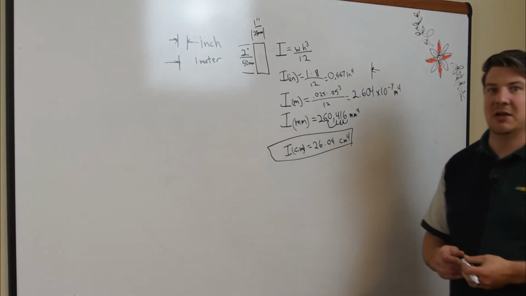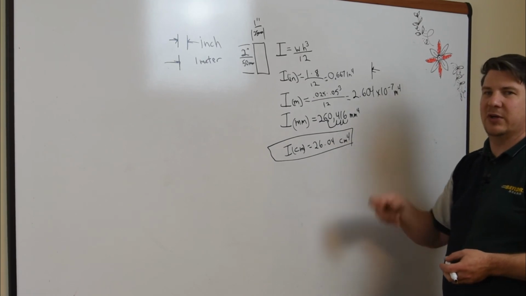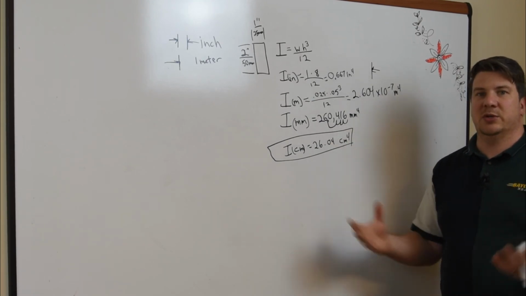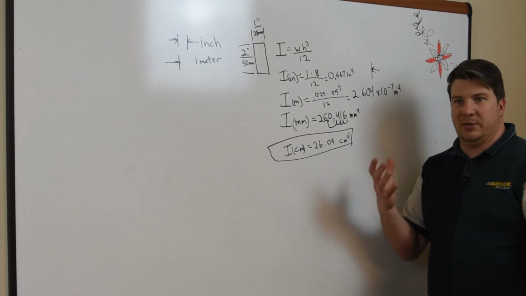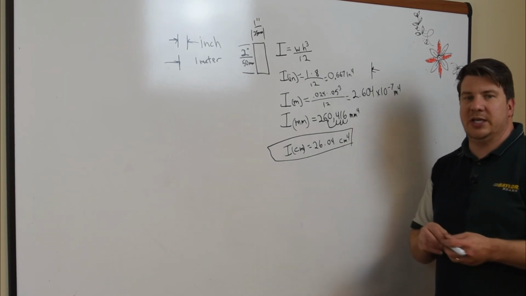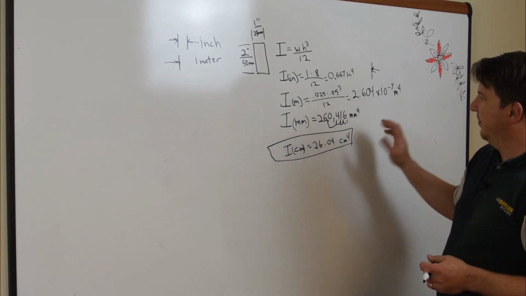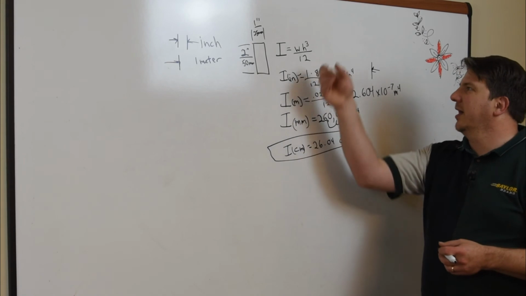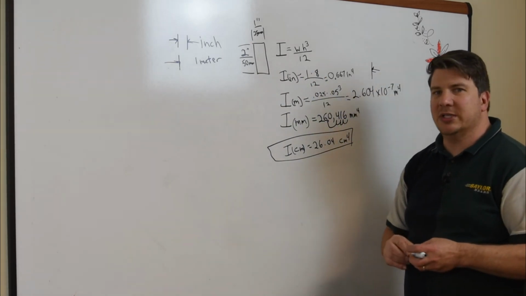Unfortunately, it's a pain in the butt, especially with centimeters to the fourth to convert. You know, when you start doing pascals, you're finding your stress in the gigapascals and megapascals and all that fun stuff. You've got to keep your units straight. Here, I can always work in inches, and I will always get the result I want.